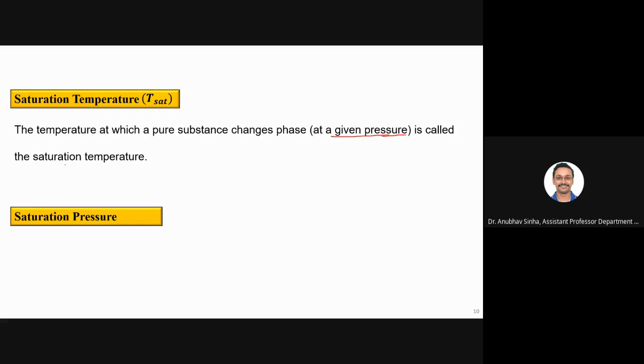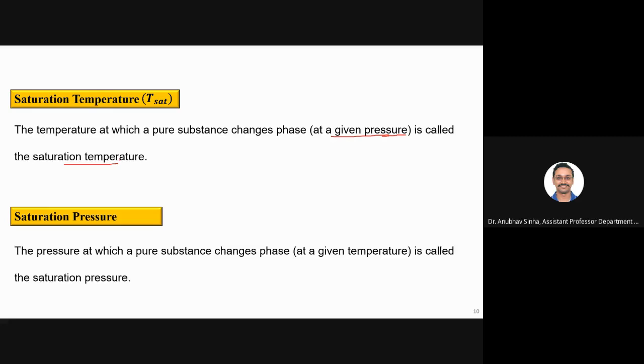This is called saturation temperature where it will start boiling. Now what about pressure? Similarly, a corresponding definition exists for pressure. The pressure at which a pure substance changes phase at a given temperature is called saturation pressure. So for example, if I know water is at 100 degrees Celsius, then my saturation pressure will be 1 atmosphere.